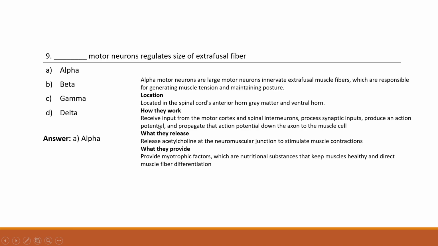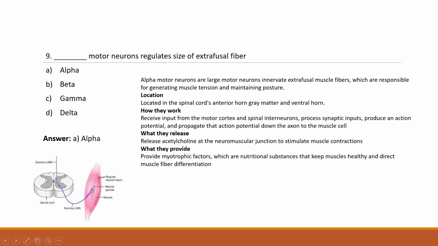So when you take a transverse section of the spinal cord, this is how it will look. So this is your ventral horn, and this is your anterior horn. So this is present in the anterior horn gray matter.